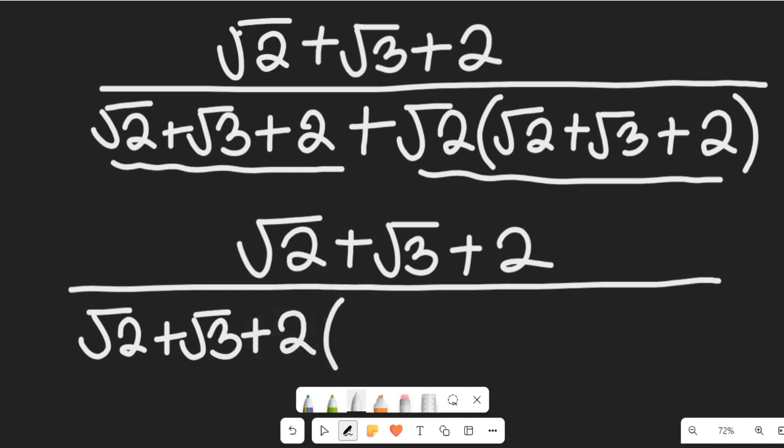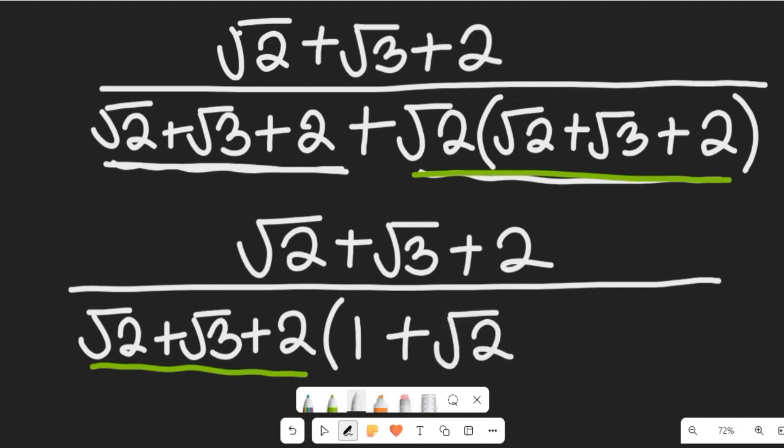If we bring them out, the square root of 2 plus the square root of 3 plus the square root of 2 divided by all these, we'll see that that will give us 1, plus all these divided by this is going to give us root 2.